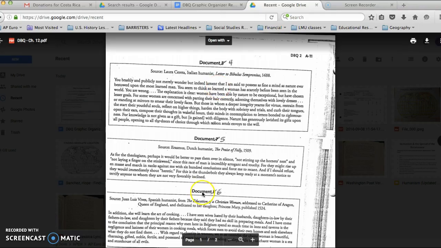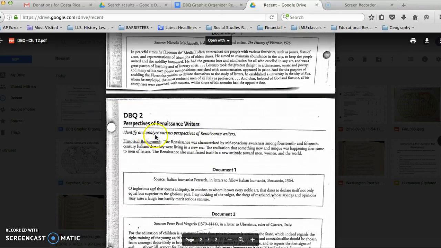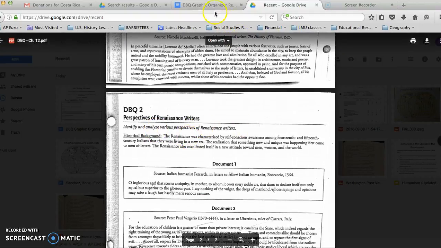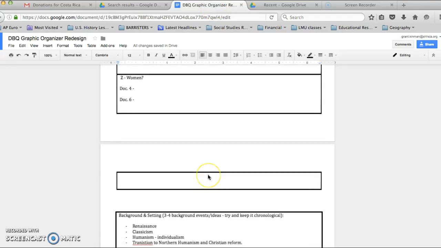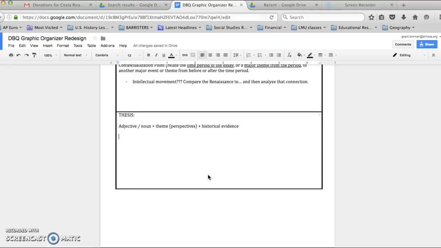So if the question is identify and analyze various perspectives of Renaissance writers, we want something that answers that question. Renaissance writers had varying influences and perspectives shaped by, and then you could go into your X, Y, and Z.